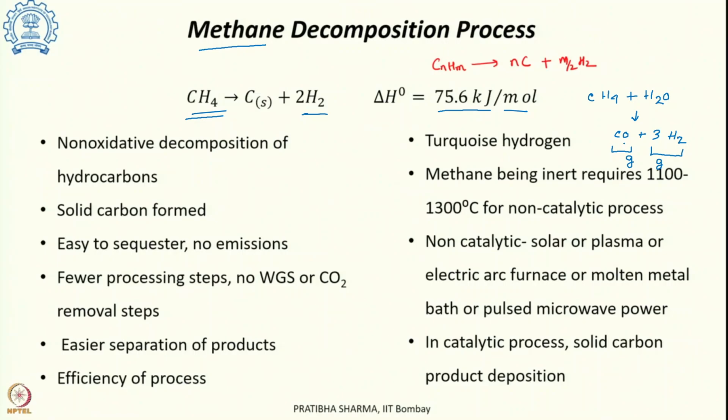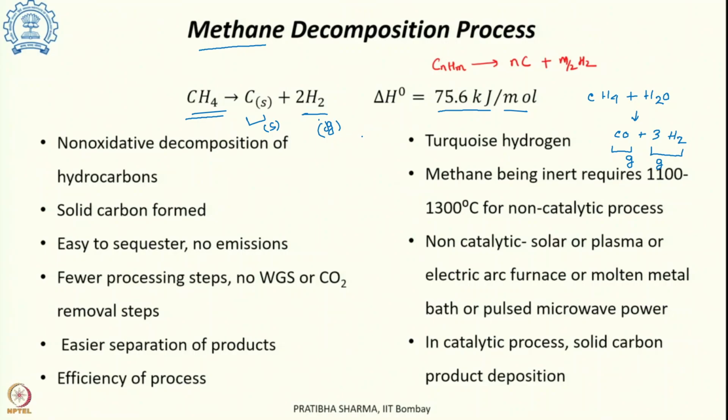But in the methane decomposition process, what are the advantages? Directly methane is decomposed and it produces carbon in solid form and hydrogen in gaseous form. So what is the advantage?